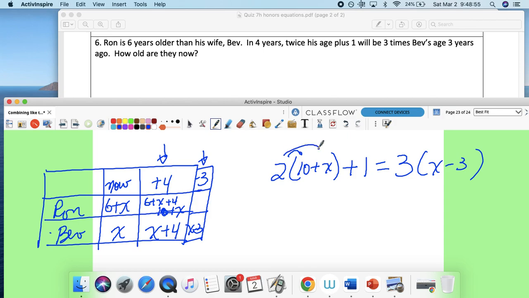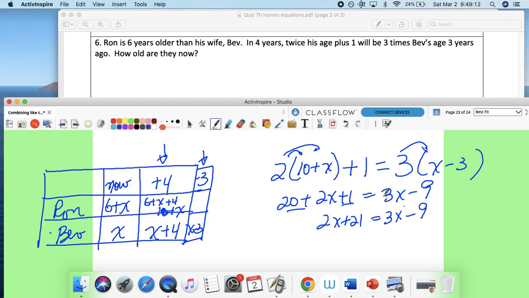Distributive property, we have 20 plus 2x plus 1. This one, distributive property again, 3x minus 9. Combining like terms, here we have 2x plus 21 equals 3x minus 9. We have variables on both sides. Let's get rid of the 2x, so minus 2x, minus 2x.